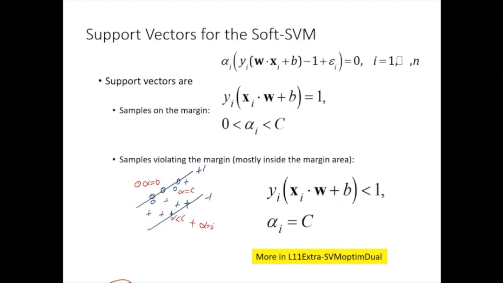Those points on the two boundaries of the margin have alpha bounded between 0 and C. And those inside the margin have their alpha capped at C. How to derive it, I have some proofs and derivations in the extra slides. Feel free to check it out.